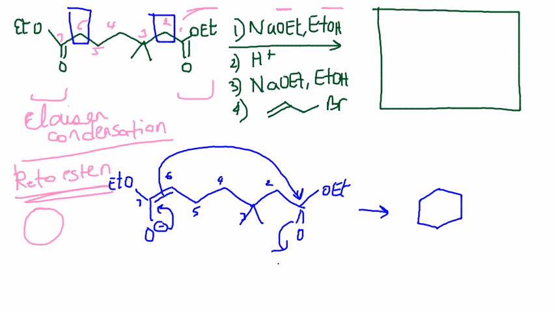And so negative OEt, and that's 1, 2, 3, 4, 5. It's a bond between 6 and, where did it go? 1.